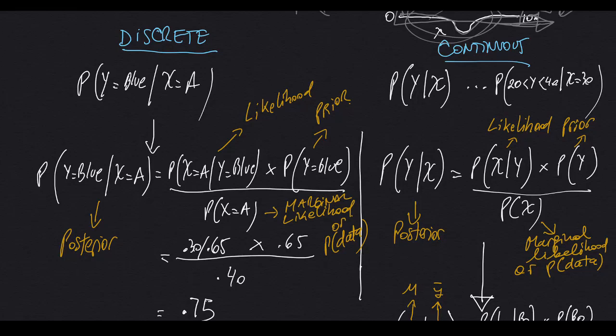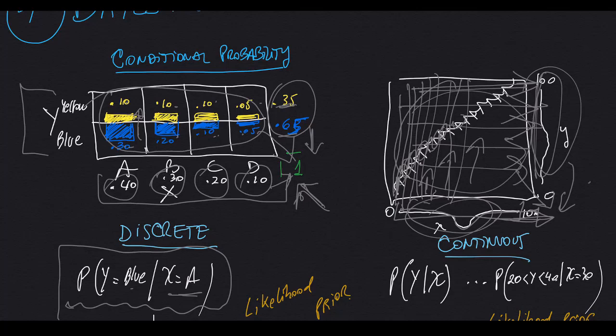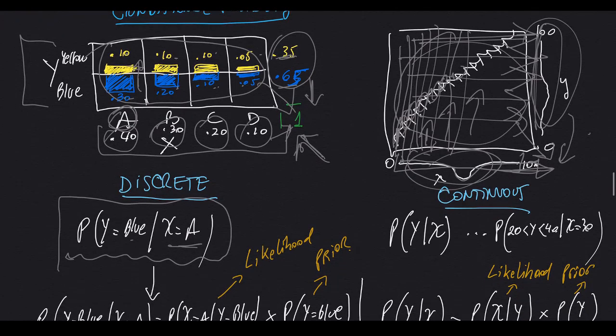This is the discrete version. Let's consider this probability: the probability that a drone landed in a blue area, given that we know it landed in area A. This is the data we have, and I hypothesize about whether it landed in yellow or in blue.